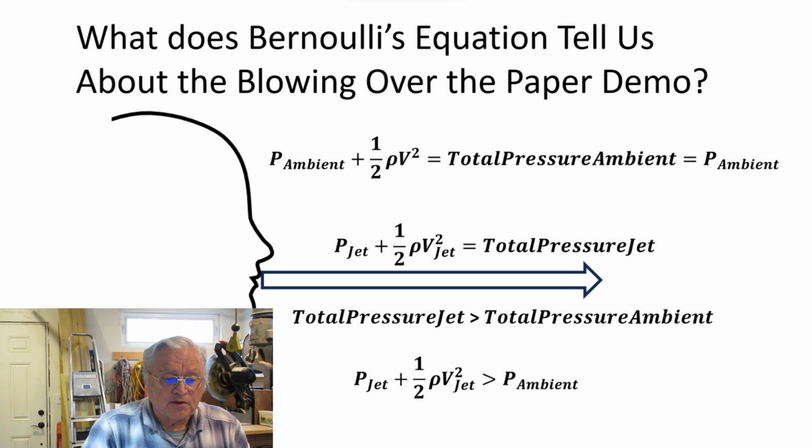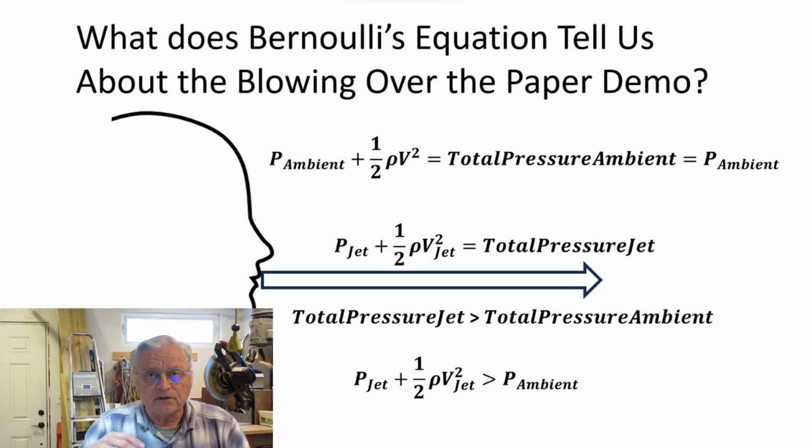And so we can substitute our other terms into the inequality, and we get the pressure in the jet plus 1/2 rho v squared in the jet is greater than the ambient pressure. And that's as far as algebra will take us in Bernoulli, okay?